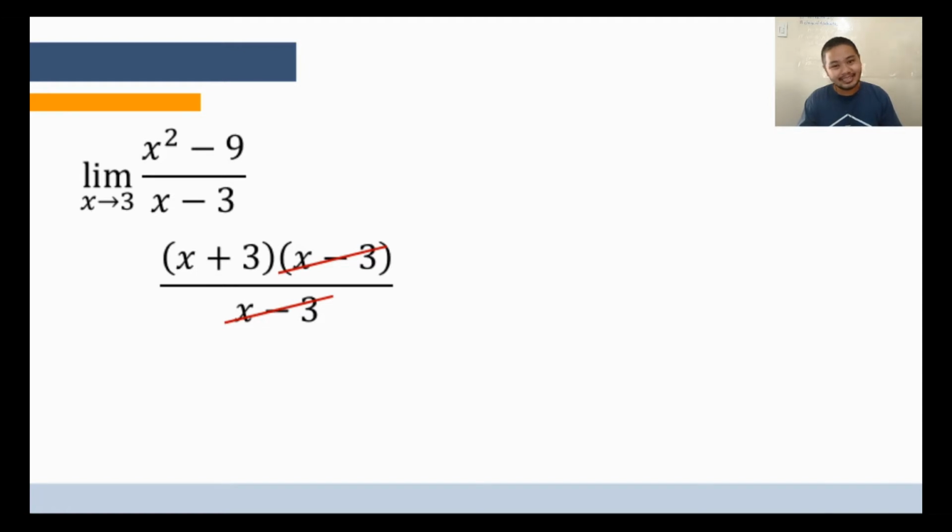So, matitira na lang dito is x plus 3. Pwede na tayo mag-evaluate. So, yung x plus 3, it will become 3 plus 3, which will lead us to 6. So, in that case, yung limit ng x squared minus 9 all over x minus 3 as x approaches 3 is equivalent to 6.